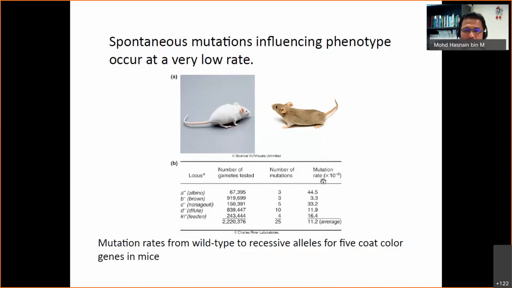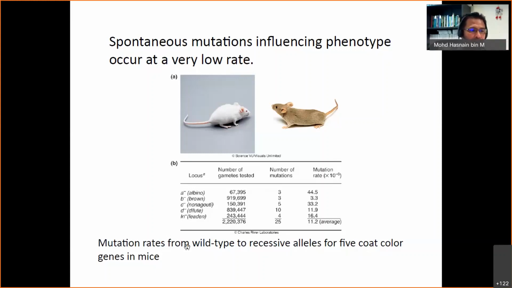When I say mutation can occur all the time, the simple answer is that we also have a mechanism to repair mutation. That is why, although mutation can occur quite easily, it can be repaired by our system.